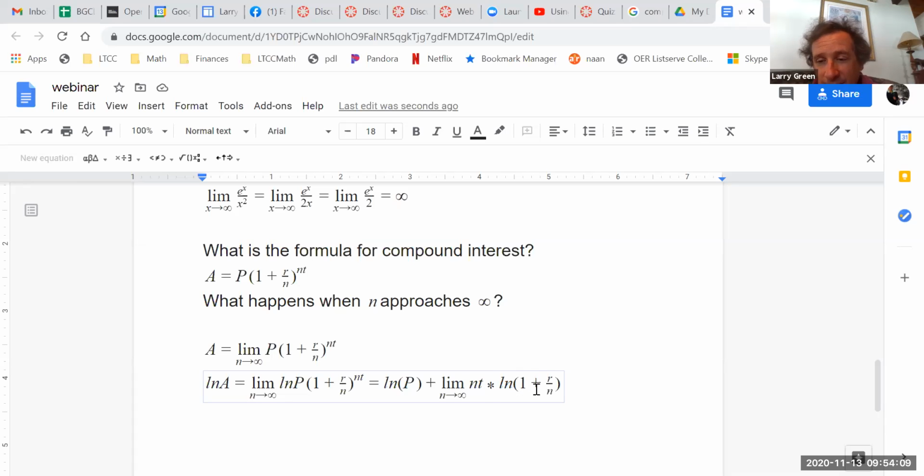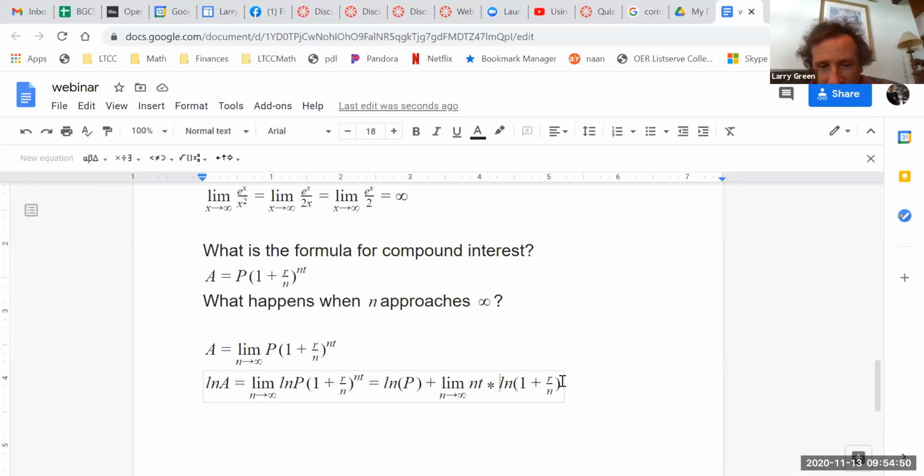Because log of 1 is 0. Any ideas? Okay, 0 is one idea, because anything times 0 is 0, except this is actually slightly bigger than 0, because we're doing 1 plus something, even though it goes to 0. And if you have something slightly bigger than 0 and you multiply by infinity, you get infinity. So infinity times 0 is another problem. It means that it's undetermined. We need to do more work.